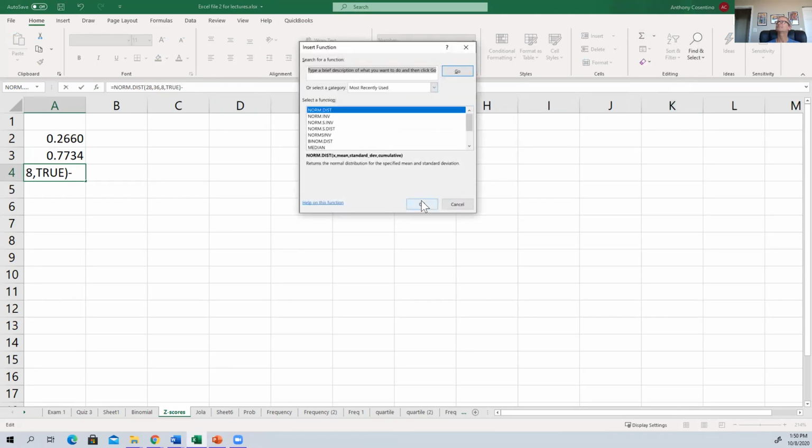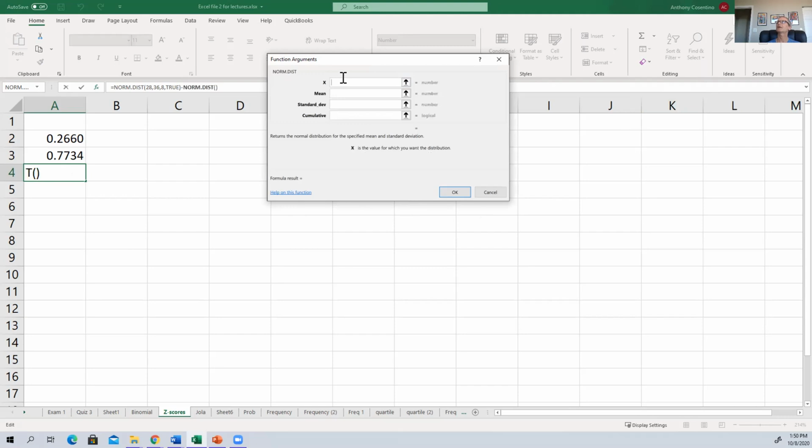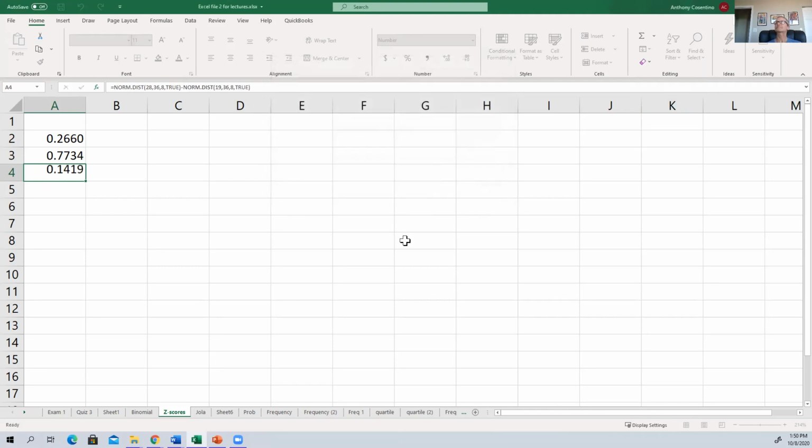So in this case, you get 19, 36, you get standard deviation of 8, and you get true. You can see the difference between that would be 14.2% or 0.1419.